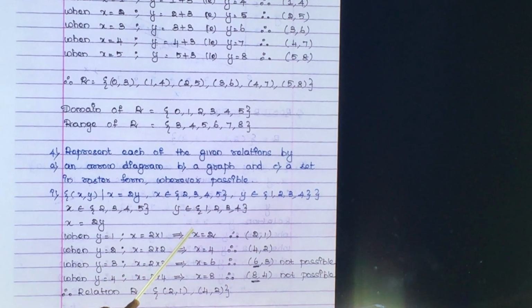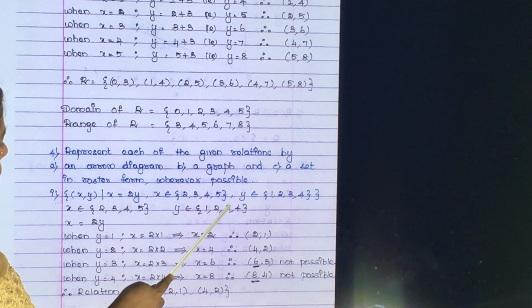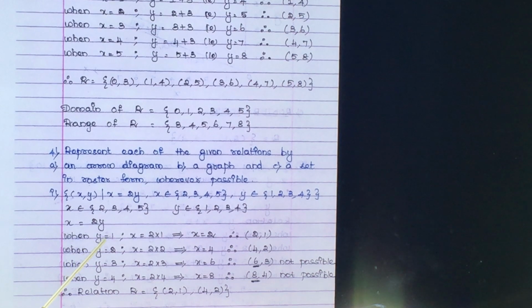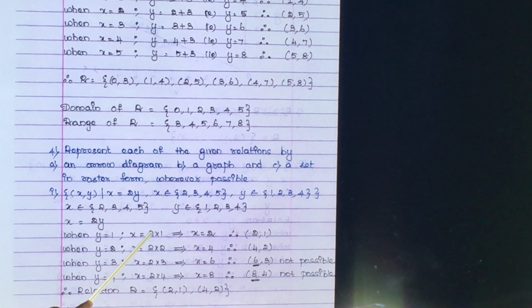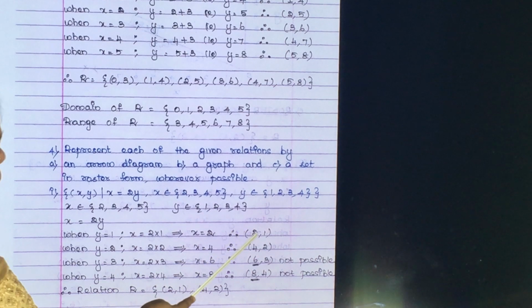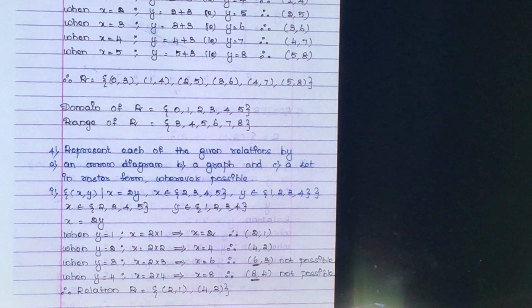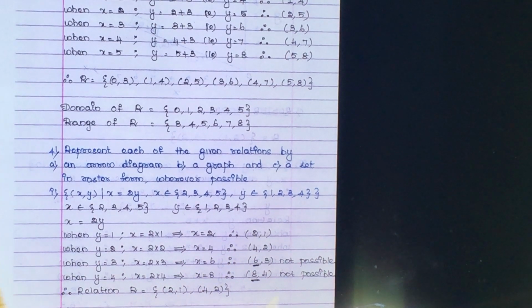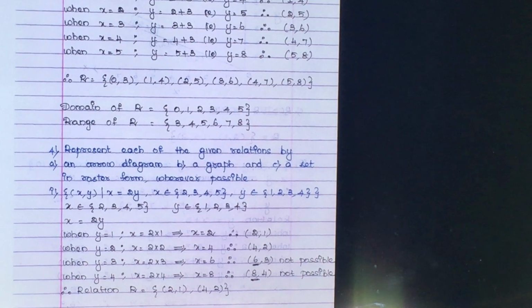So what are the values for y? 1, 2, 3, 4. So when y is 1, substitute here x equal to 2 into y, because it is 2y, right? 2 into 1 is 2. So when x is 2, the y value is 1. So 2 comma 1. Always write the x value first and then the y value. Okay.